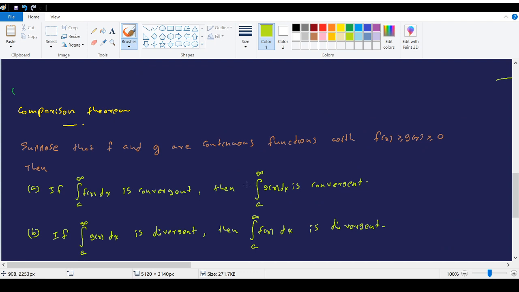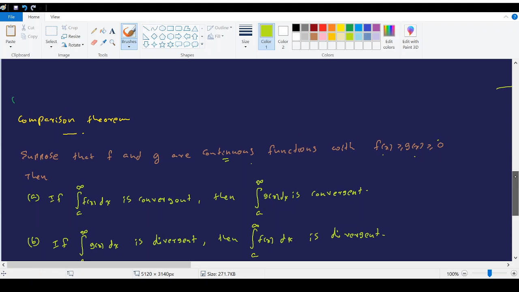So if we write down the things that we discussed as a statement or as a theorem, we can have it like this. If you have two functions which are continuous, and this is also important, it should be continuous, with f(x) greater than or equal to g(x), and g(x) greater than or equal to 0. That means f(x) is also greater than or equal to 0.